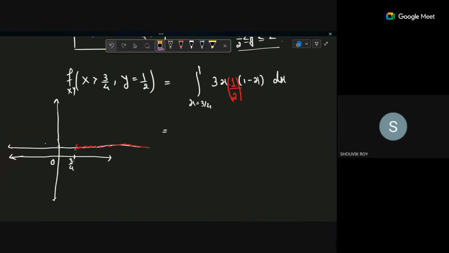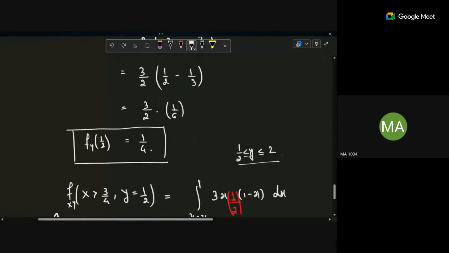Ma'am, in place of y equal to half, if there would be y greater than or equal to half, then what would be the probability or answer? If there is a notation like y greater than or equal to 1 by 2, in that case, what do we have to do? Instead, you have to integrate from 1 by 2 to the range of y. You have to do a double integral. The range of x will be 3 by 4 to 1 and the range of y will be 1 by 2 to 2, the upper limit is 2, not infinity. And x you will integrate from 3 by 4 to 1.